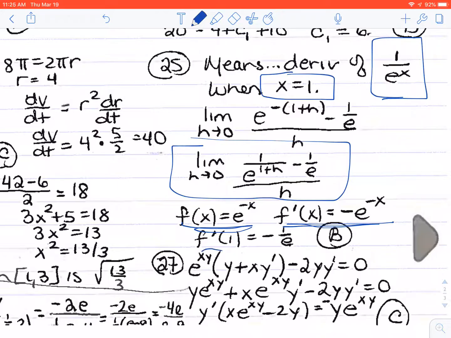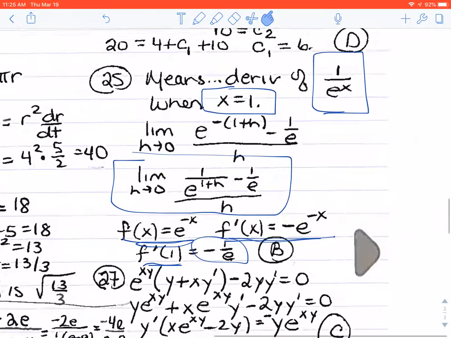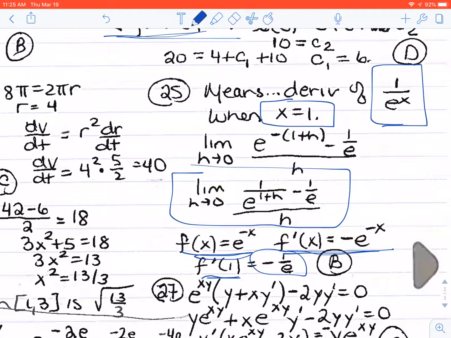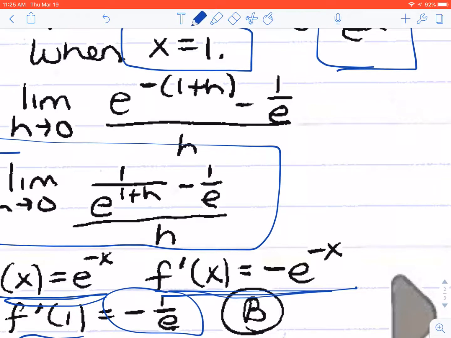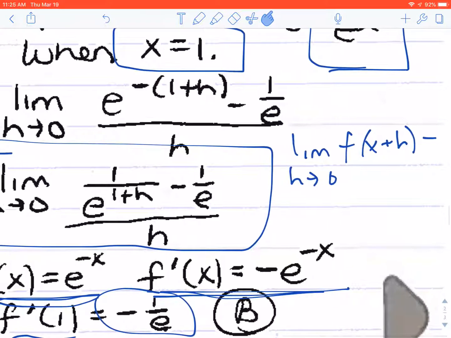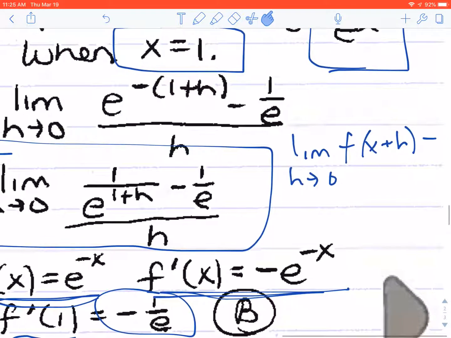And at x equal 1, the answer will be negative 1 over e, which is answer B. So what I would suggest that you do on one like that is to actually write down the definition of the derivative, the limit as h approaches 0 of f of x plus h minus f of x all over h, and then you can compare it to what they gave you and try to figure out what your function would be and what the x value is plugged in.